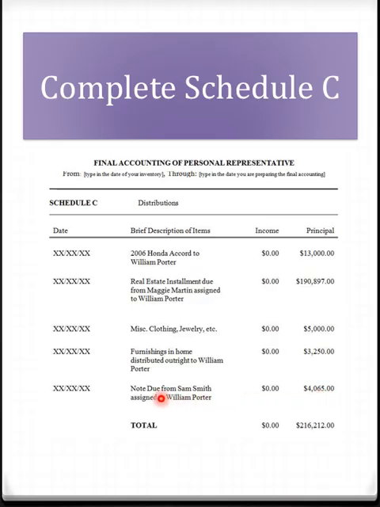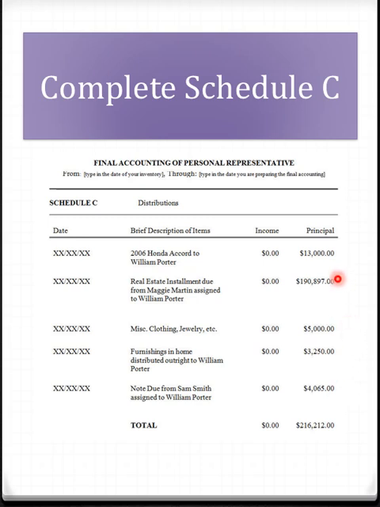Those items that aren't liquidated by the personal representative, meaning sold, are just handed over in kind, and a transfer document or an assignment document is given so that that person, the beneficiary of the item, has clear title to it. So that's a really important part of closing the estate.